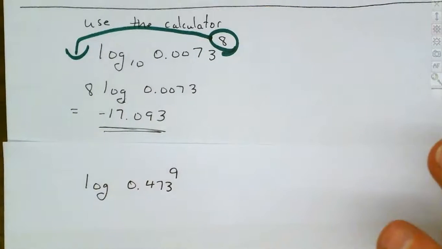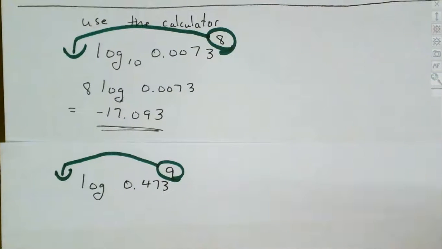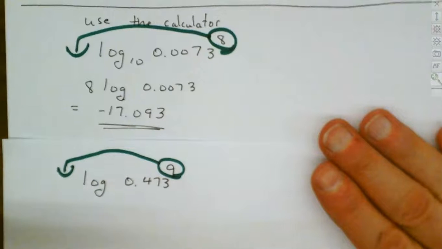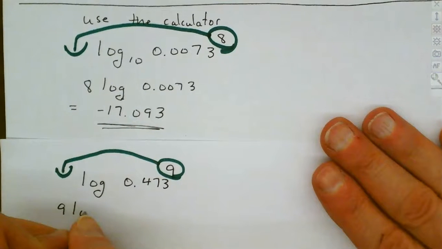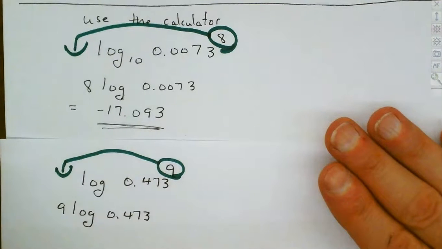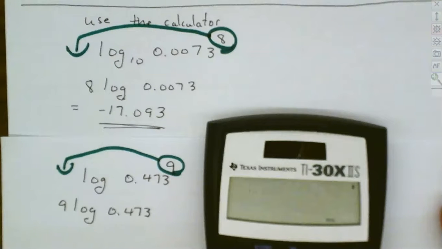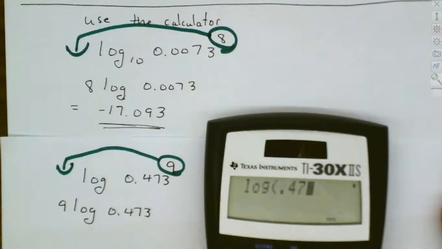How would I evaluate this one down? Well, the first thing I would do is, this is a power. Powers can come down. It makes it easier this way. So I'm going to bring that down as a power. So then I have 9 log of 0.473. And we need the log key first, 0.473.